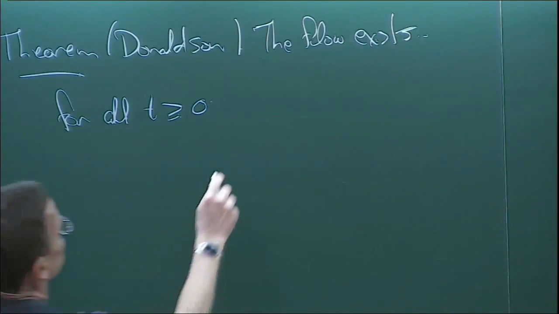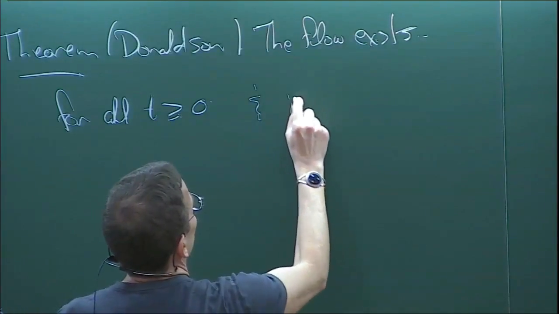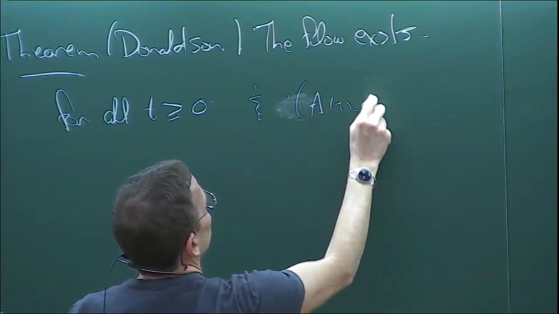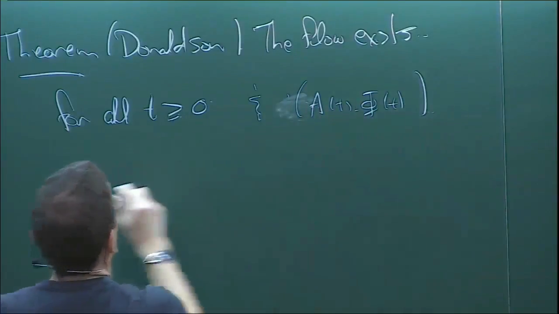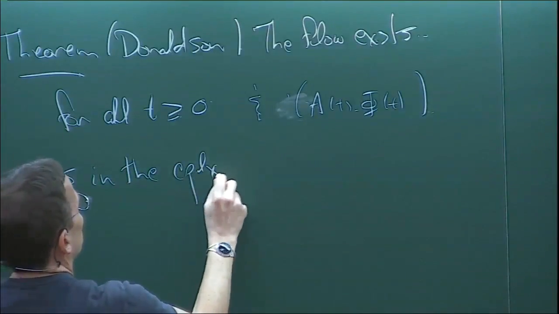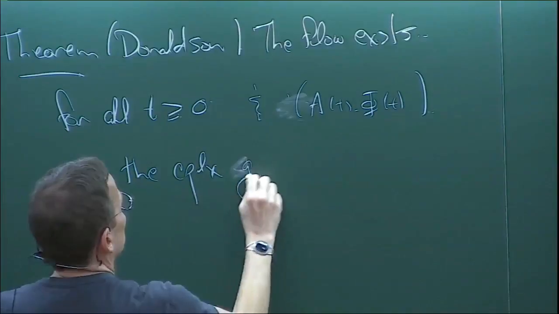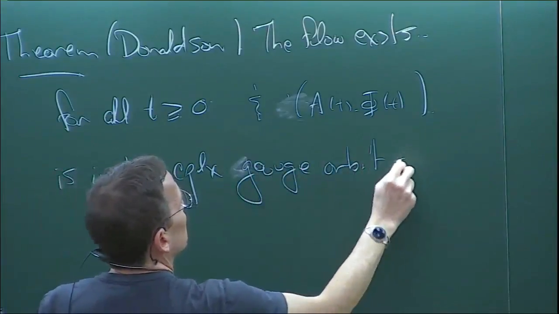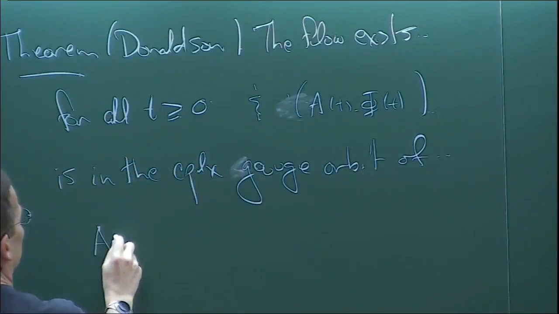And in fact, A_t, phi_t is in the complex gauge orbit of the initial Higgs bundle.